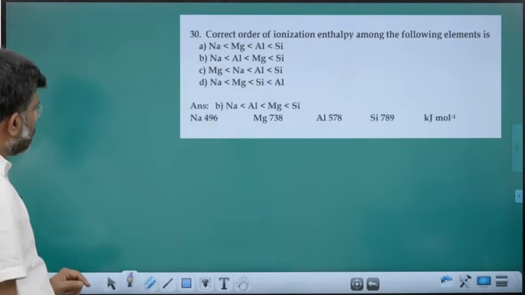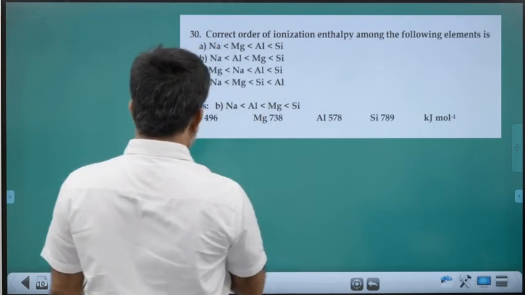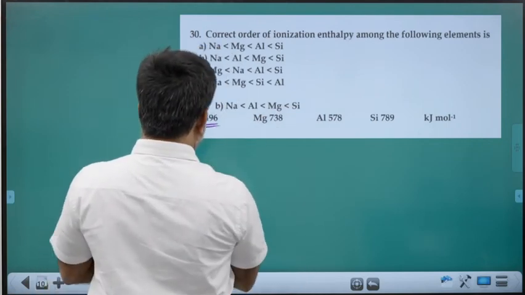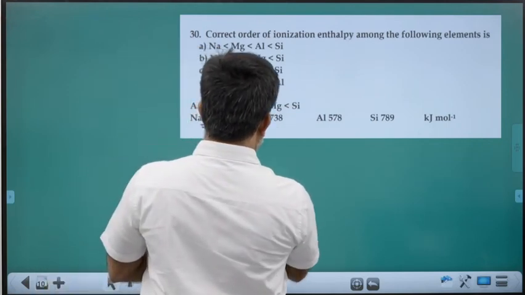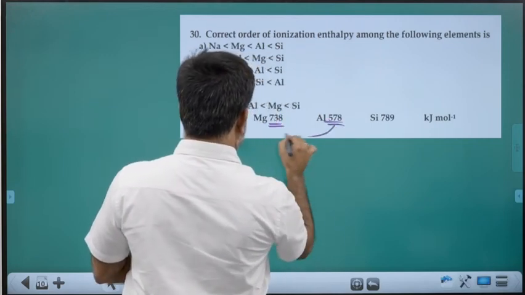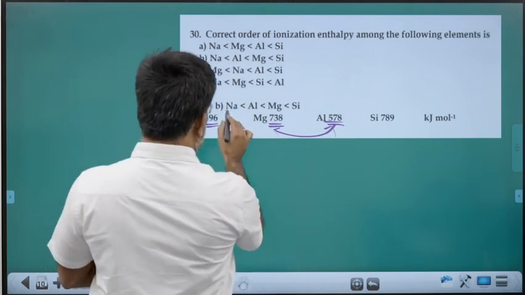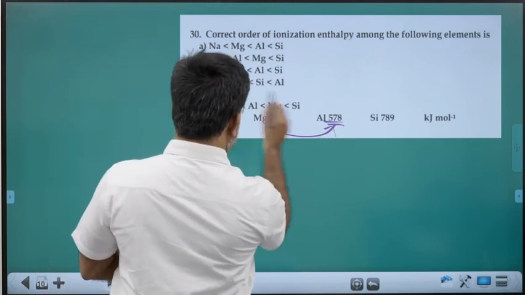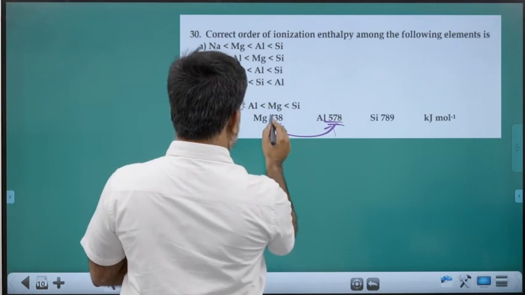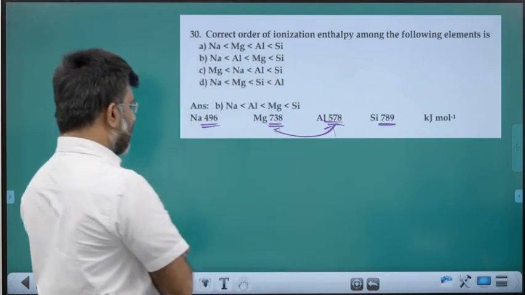And see, the data is also available: sodium 496, magnesium 738, aluminium 528. So it is sodium, then aluminium, then magnesium, and then silicon 789. Goes like that.